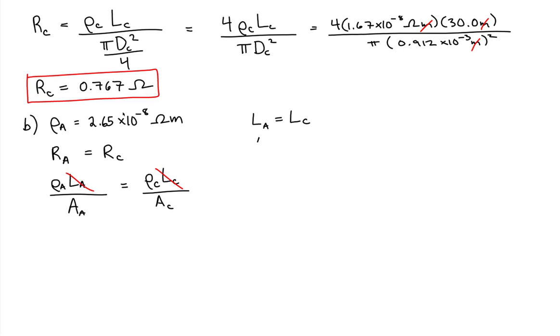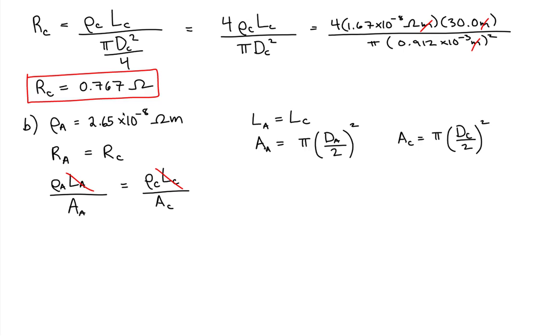We should also recognize that the area of the aluminum wire is going to be equal to pi times the diameter of the aluminum wire over 2, quantity squared. So we are actually looking for the diameter of that aluminum wire. And don't forget, the area of the copper wire was just equal to pi times the diameter of the copper wire over 2, quantity squared.